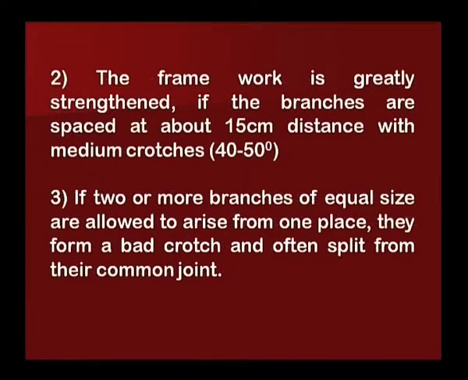The framework is greatly strengthened if the branches are spaced at about 15 cm distance with medium crotches of 40 to 50 degrees. If 2 or more branches of equal size are allowed to arise from one place, they form a bad crotch and often split from their common joint.